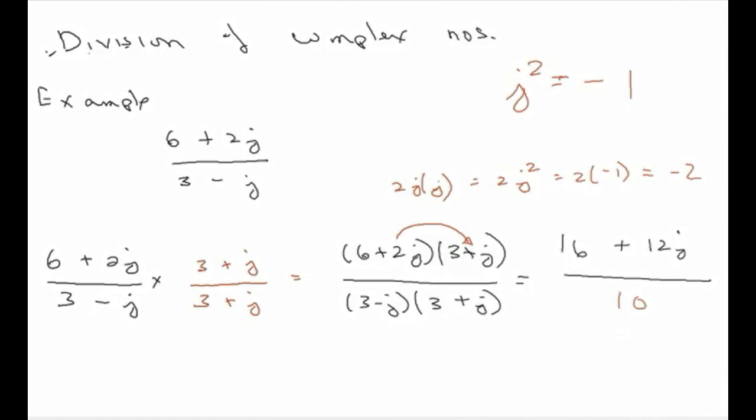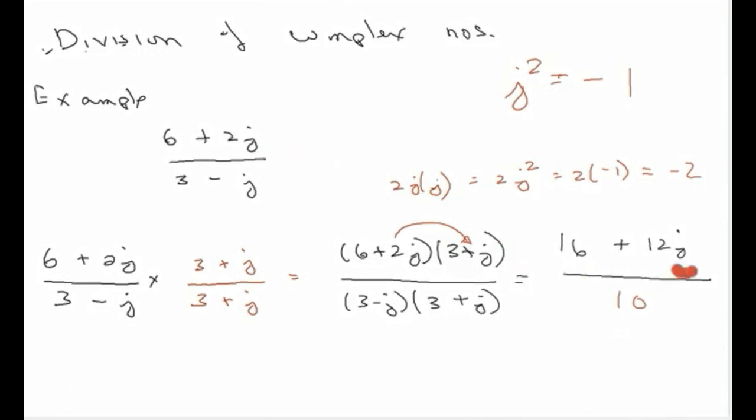Yes, sir, 10. Correct. Minus j squared is 1, so 9 plus 1. Correct, minus j square is equal to 1.